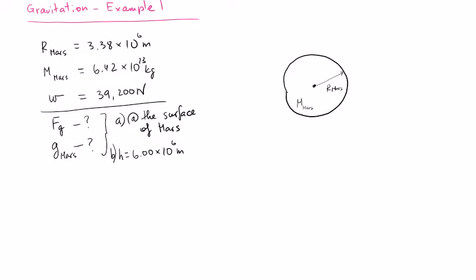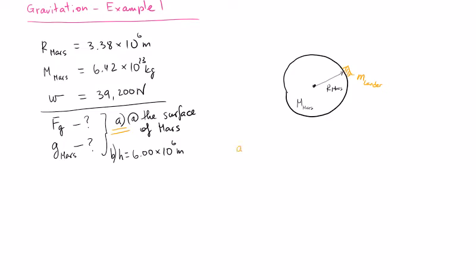First part of the problem: we want to calculate the gravitational force at the surface of Mars and find out the g of Mars, and this is our lander, the mass of the Mars lander.